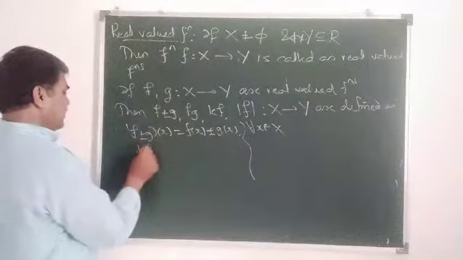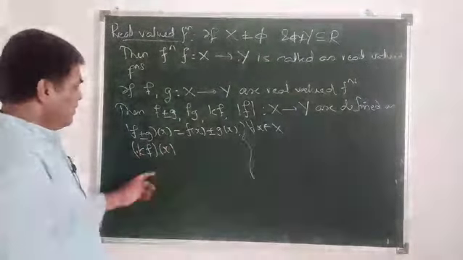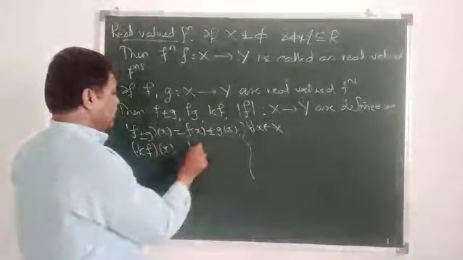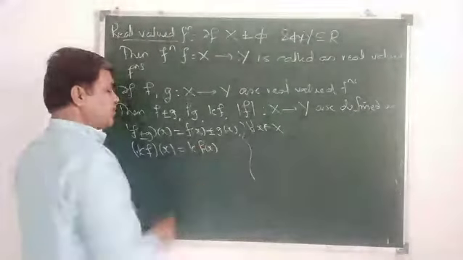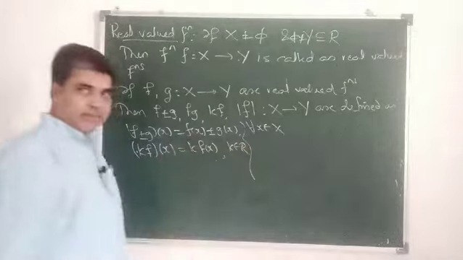The scalar multiple function kf of x is equal to k into f(x), where k belongs to real numbers, whatever that k may be.